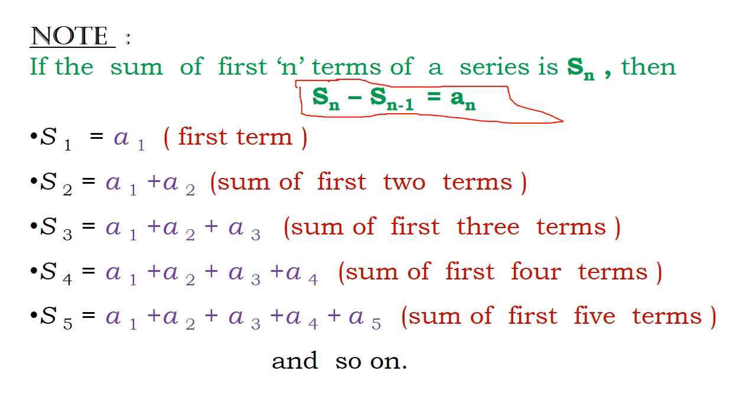S4 is the sum of the first four terms, that is A1 plus A2 plus A3 plus A4. S5 is the sum of the first five terms, that is A1 plus A2 plus A3 plus A4 plus A5. And so on.